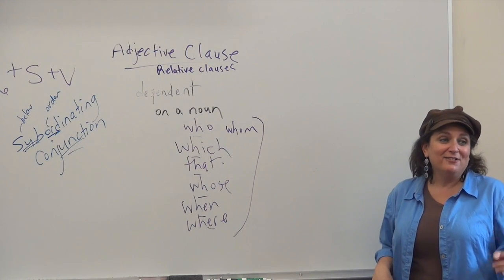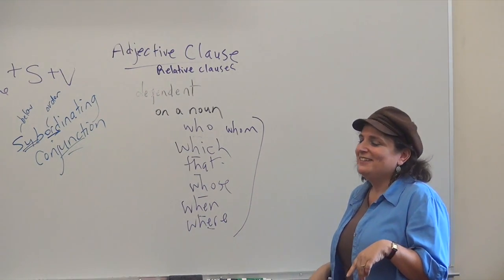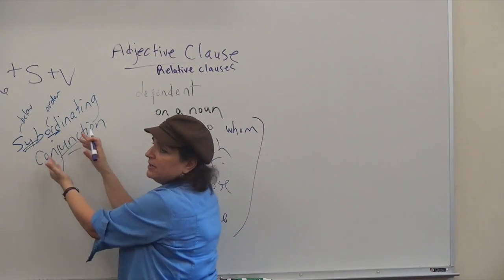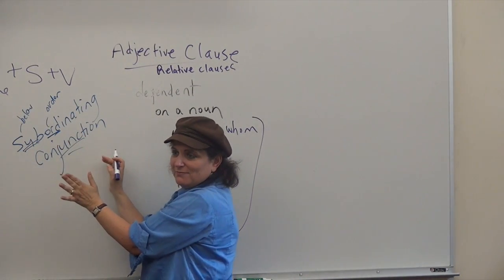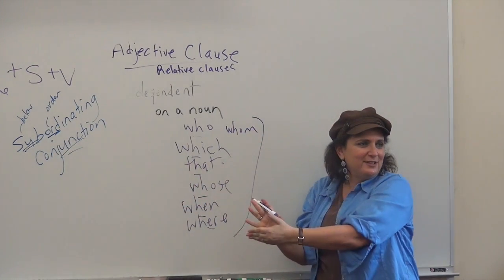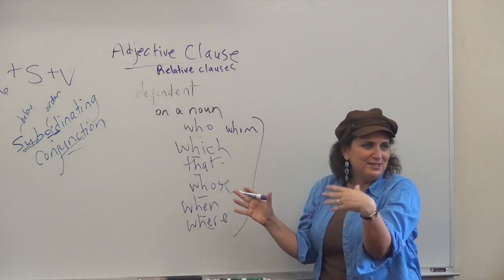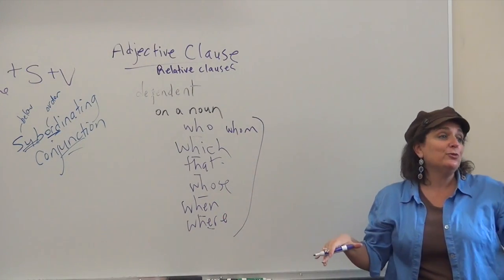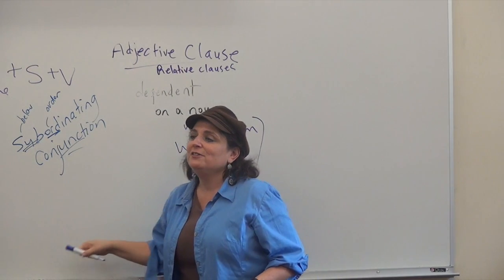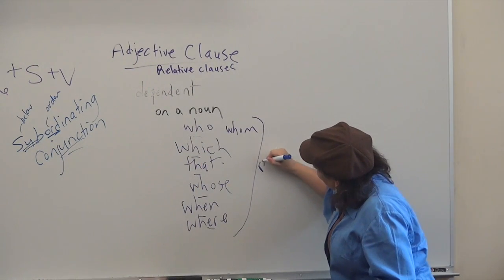These words are called subordinating conjunctions. Adjectives are. Anybody know what these words are called in grammar? It's okay if you don't. We haven't even gotten there, but I'm sure you learned it already. Okay, game is over. These are called relative pronouns.